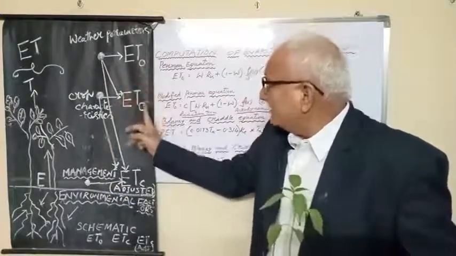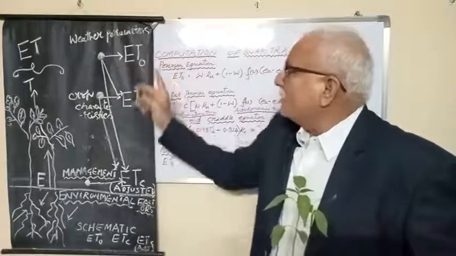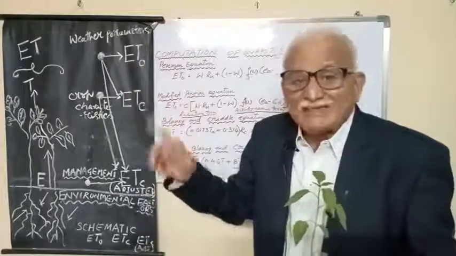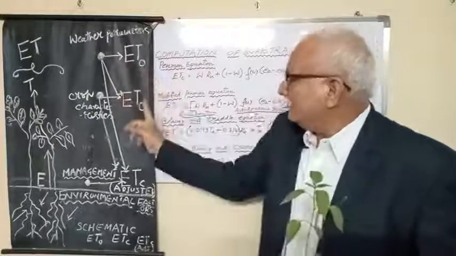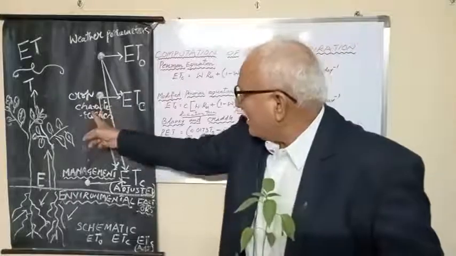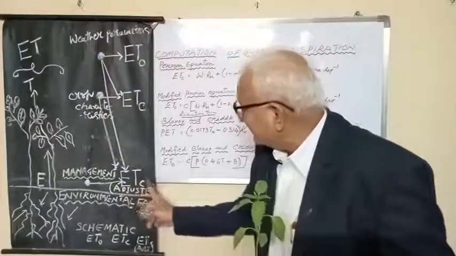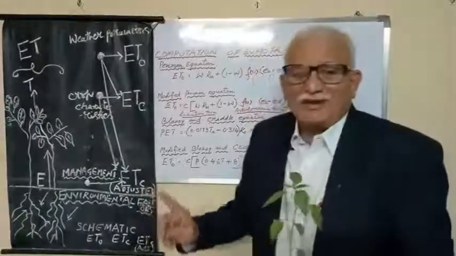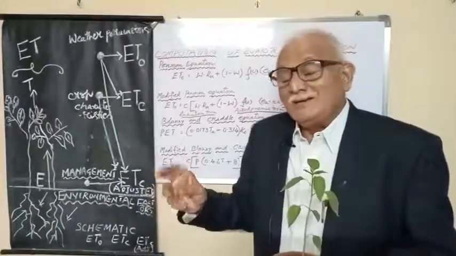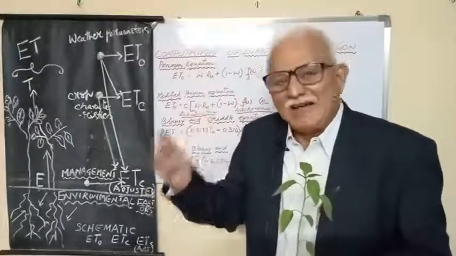Now, how do we get ETc? When ETo is multiplied with the crop coefficient Kc, we get the evapotranspiration of the crop. Now, crop characteristics play an important role here. How is ETc adjusted? Because there are certain stresses involved in crop production, biotic and abiotic.